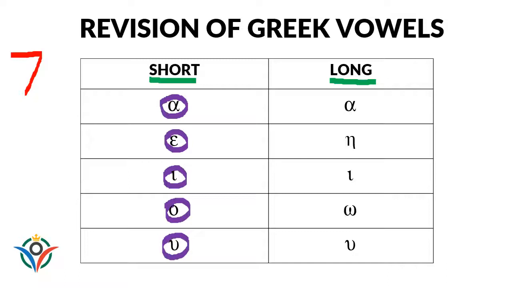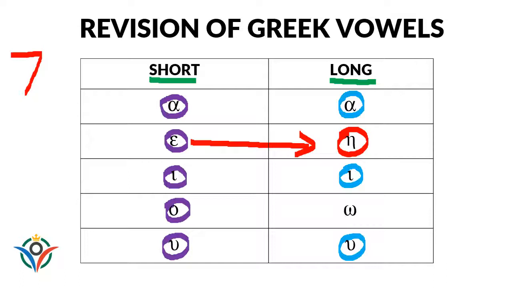But some of these vowels can be short or long. The ones that can be either or are the alpha, the iota, and the upsilon. But then there are some vowels that are only ever long, and that would be the counterpart of the short epsilon, which is the eta, as well as the short omicron, which when lengthened becomes the omega.